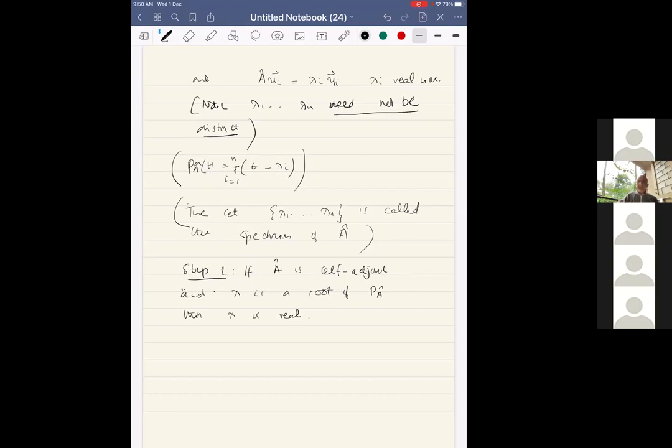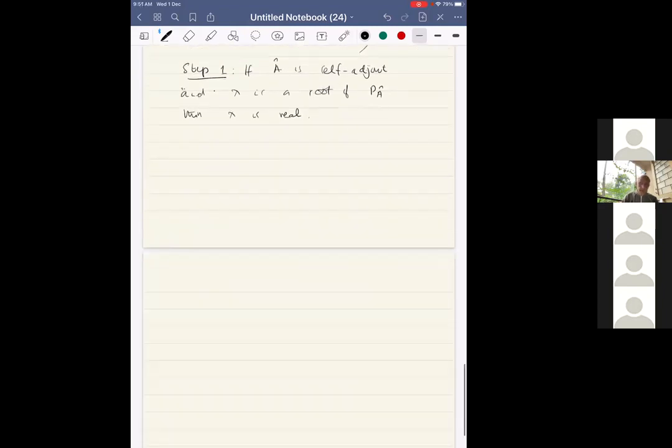So the characteristic polynomial doesn't have any roots with non-zero imaginary part. Again, this is a case where I am forced to use matrices because of shortage of time.